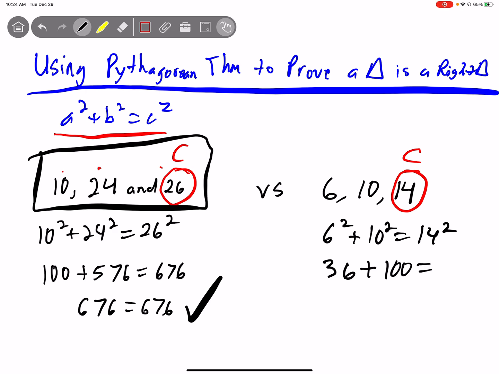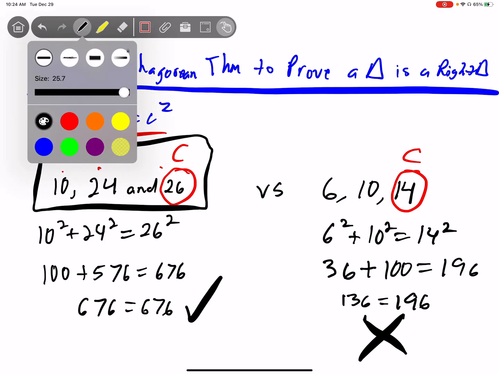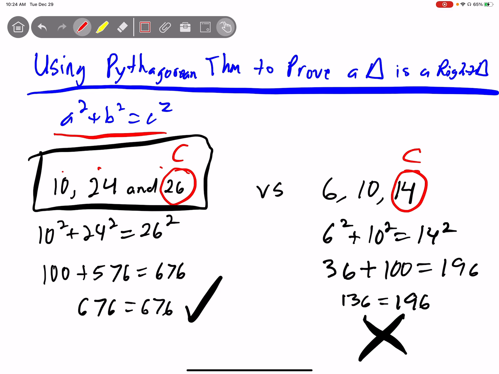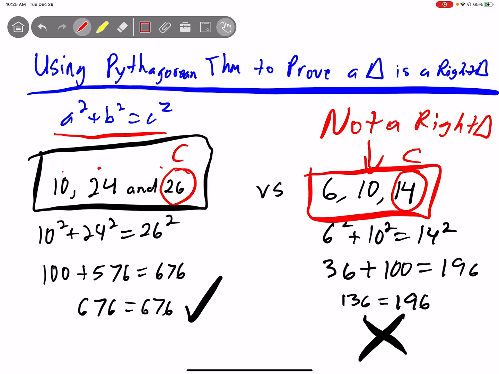And 14 squared is 196. Well, 100 plus 36 is 136. And does 136 equal 196? It does not. So this is not a right triangle.